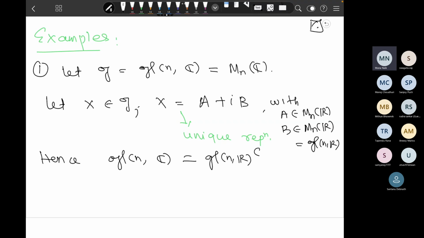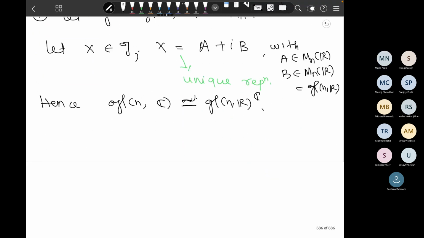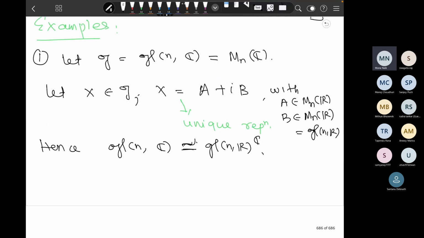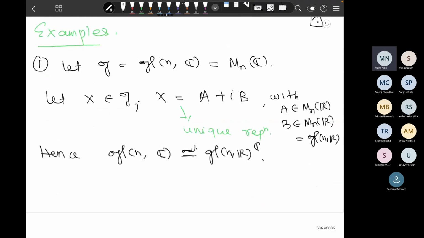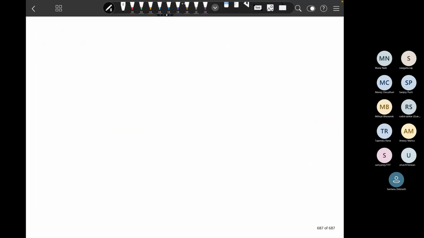So GL_n(R) is a real form of GL_n(C). Now I have another real form for GL_n(C).